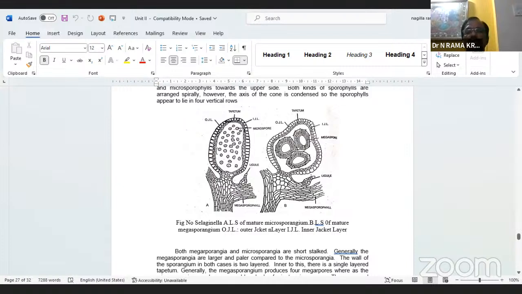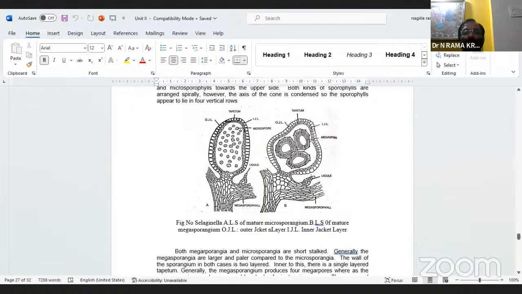So these are all the structures you are looking at, at the tip of the branches, the tip of the plant. Here one structure is going to divide by anticlinal and periclinal mitotic divisions. According to how many mitotic divisions go on, that much development you are looking at. After the development, the sporangium looks like this.